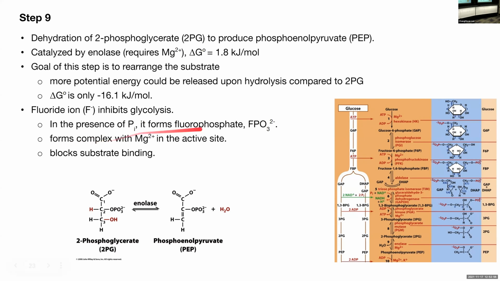And this fluorophosphate also forms a complex with the positively charged magnesium cation in the active site of these enzymes. So instead of the magnesium cations being involved in stabilizing the substrate, they will just form ionic interactions with the fluorophosphate and will not do anything. So it will make this enzyme inactive.